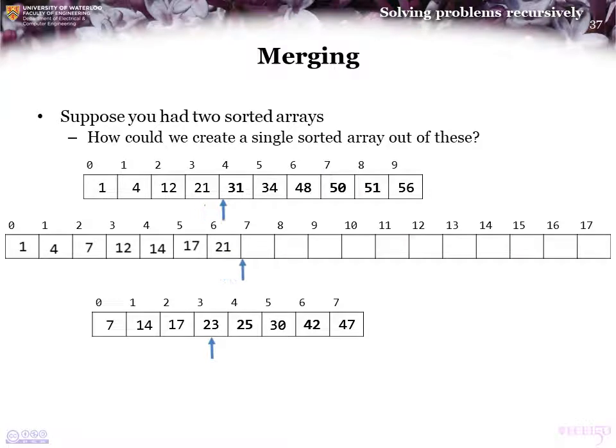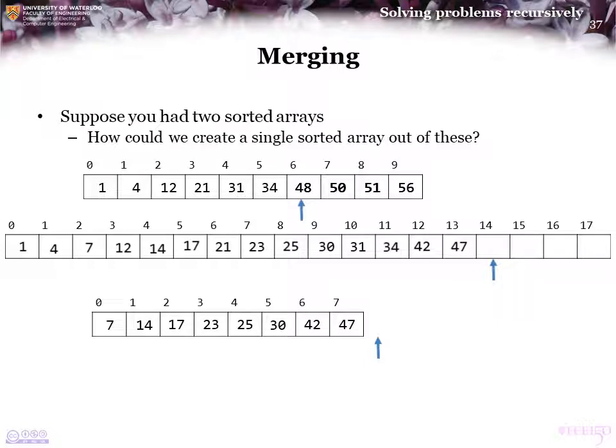Copy down 21, increment those indices. Copy up 23, increment those two indices. Copy up 25, increment. Copy up 30, increment. Copy down 31, increment those two. Copy those 34, increment those two. Now we are copying up 41 and 47.